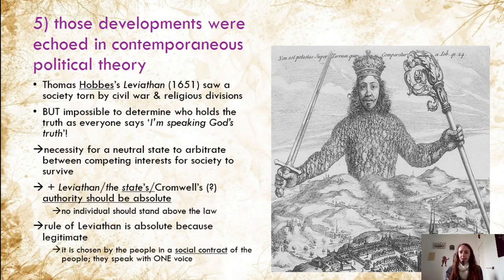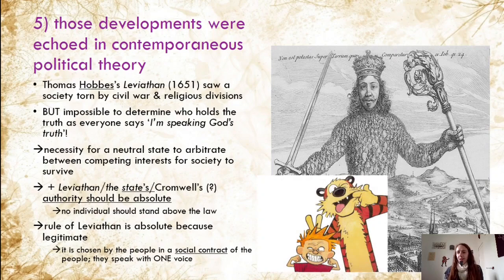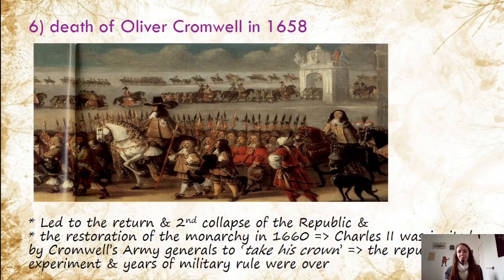So the rule of Leviathan is absolute because it is legitimate. It is chosen by the people in a social contract, and they speak with one voice, which is why that figure is made up of lots and lots of people who end up being one figure, the Leviathan, the state, however it actually appears.